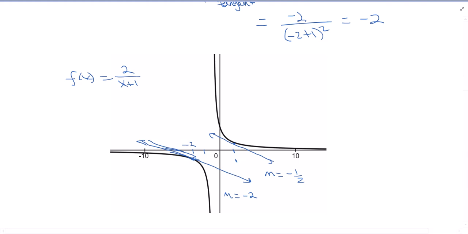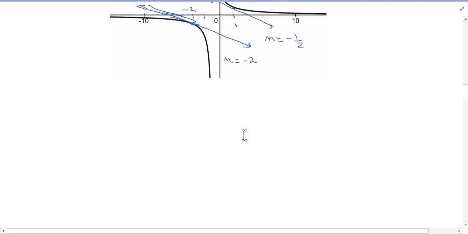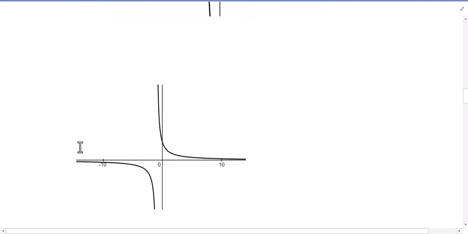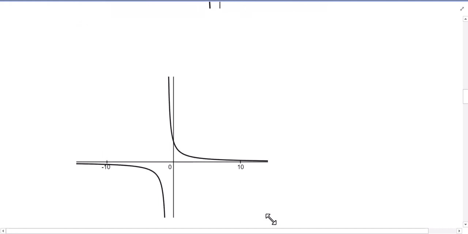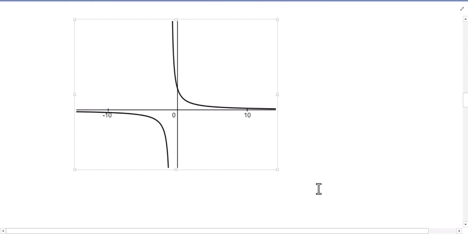And notice that we can have parallel tangent lines. Let me put the graph here again. There are a couple of points somewhere where you could sort of see that bend in the graph.